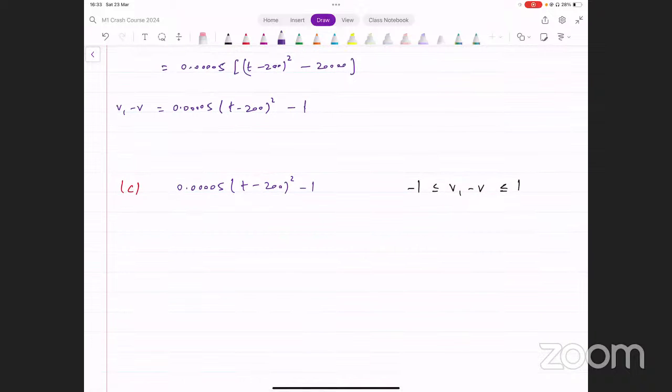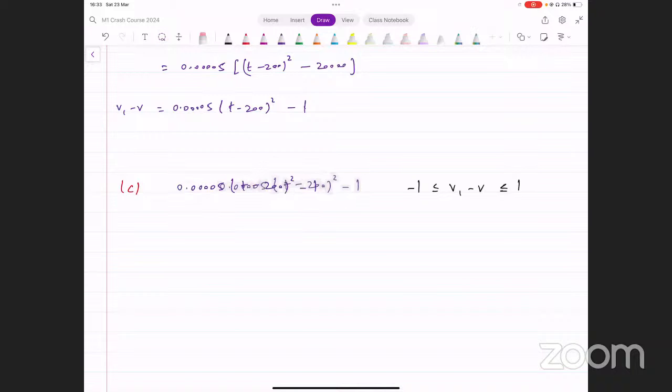What's the least value that we can get for this? The least value would be when this thing is 0. Or actually there could be another way of thinking about this as well. Yeah, let's actually do it that way.